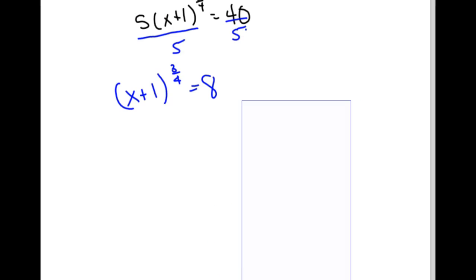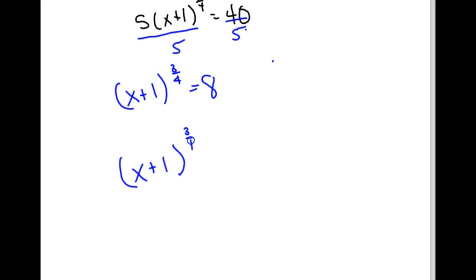Well, my reciprocal, if I've got (x plus 1) to the 3/4 equals 8, I need to raise each side to the 4/3 power. When I do that, 12 over 12 simplifies to 1, so I end up with x plus 1, and I get 8 to the 4/3 power, which is the cube root of 8, and that number to the 4th.